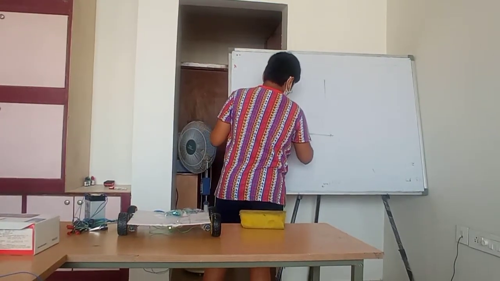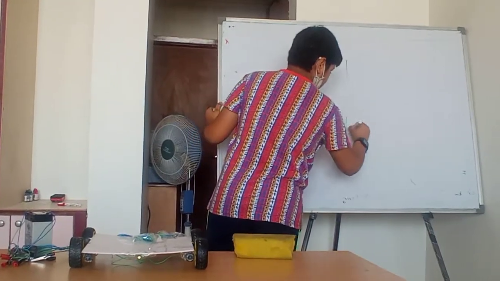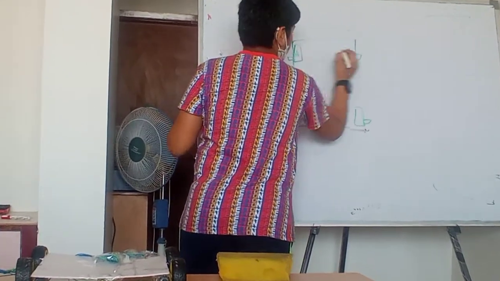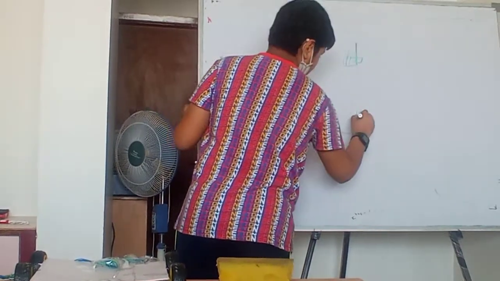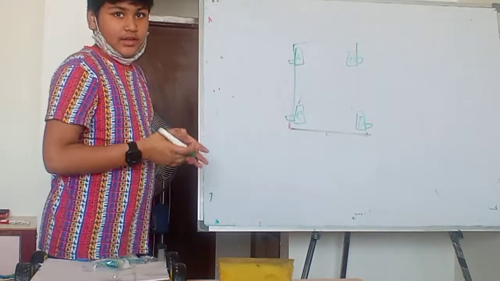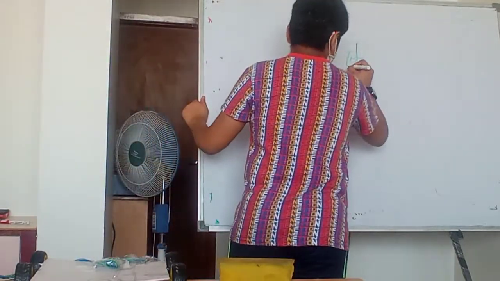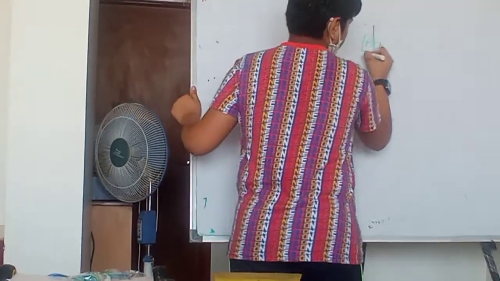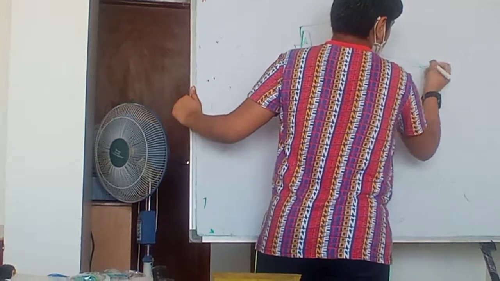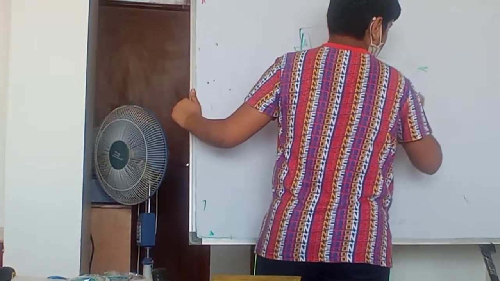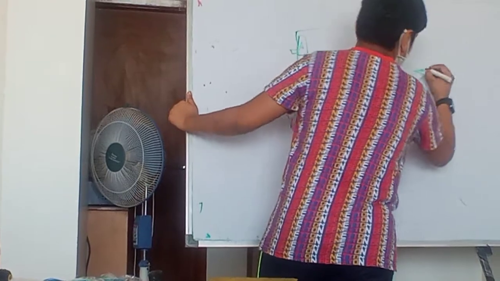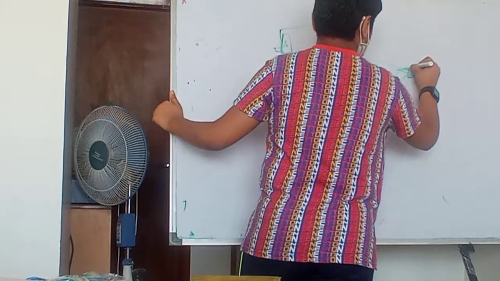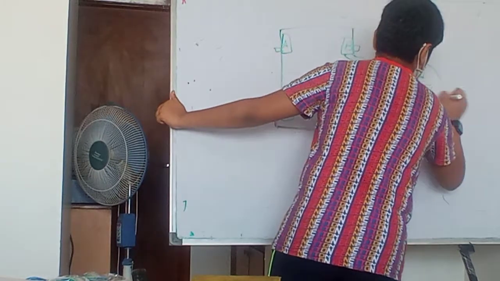This is first motor, second motor, third motor, fourth motor. Let's name this A, B, C, and D. What I have done in this is these two motors B and D are connected to a single DPDT. Let me show you. And this is connected to a battery.